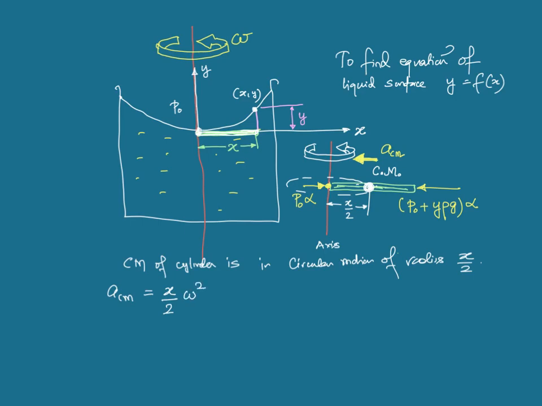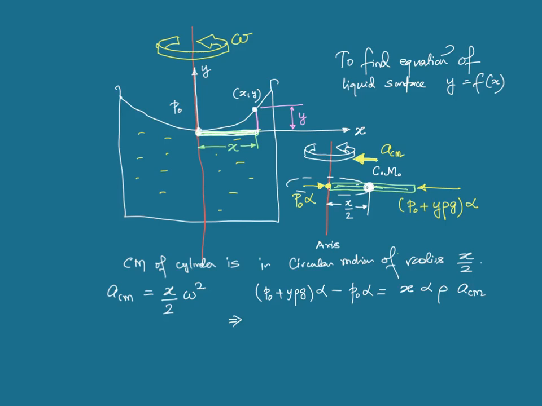So now you apply Newton's law on the cylinder. P naught plus y rho g into alpha minus P naught alpha is equal to x alpha rho times ACM.